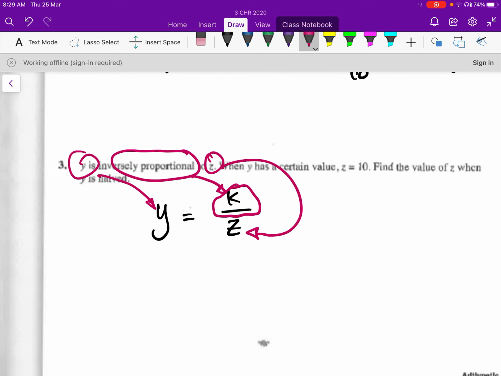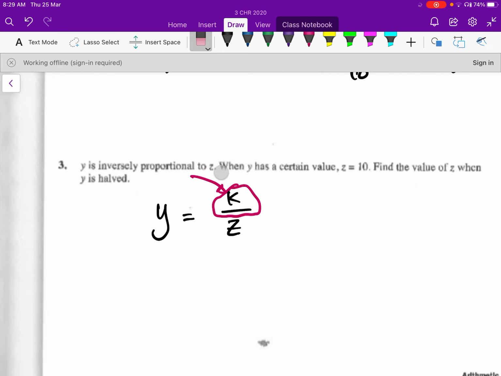When Y has a certain value, Z equals to 10. K is an unknown that we need to solve this question. Okay? So there is this relationship. This is just like our earlier question. The time required is inversely proportional to the number of men that we have.